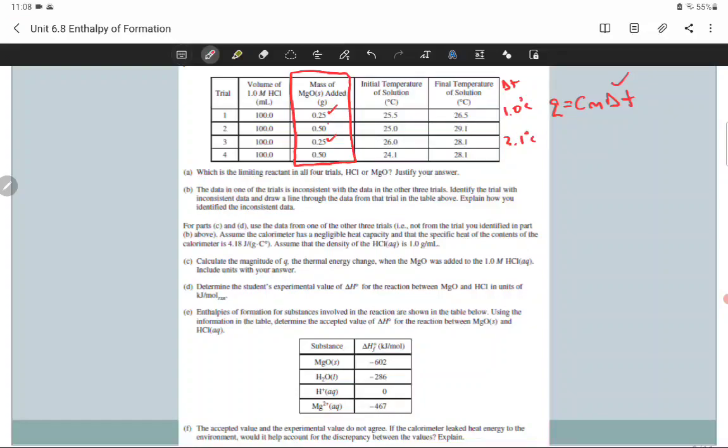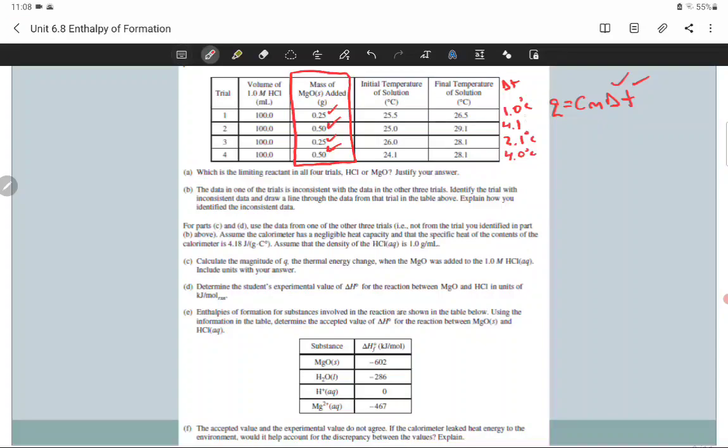Well, with trial 2 and trial 4, you double the amount of reactant. So that means you should be able to double the delta T, because those are directly proportional with each other. So it looks like with trial 2, there is a change of 4.1. That's about double of 2.1. And then trial 4, it's 4.